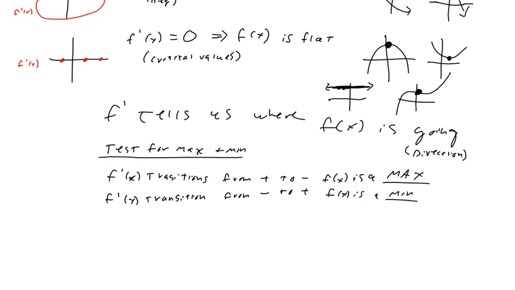From negative, we have another transition. We're in the negative zone for f prime of x. The derivative is negative. We transition from the negative to a 0, and then that 0 goes up into the positive zone. So from negative to positive, we are at a min. Look at our hands.